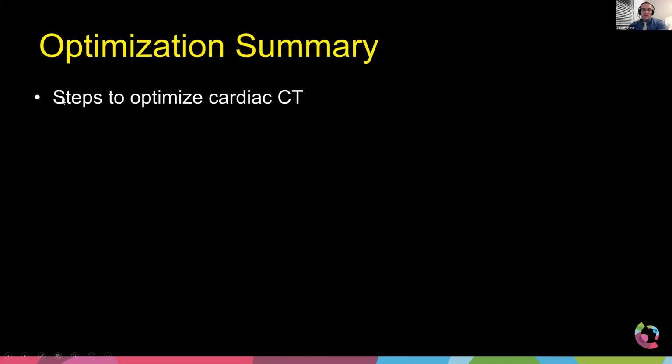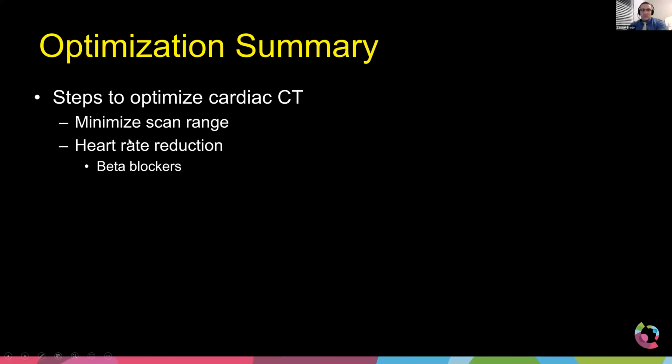So, to summarize, these are all a bunch of pieces. Let's start putting some of this together. So what we're going to do is steps to optimize cardiac CT. We want to minimize the scan range. We want to do our best to image a heart that has a reasonable rate of beats per minute.